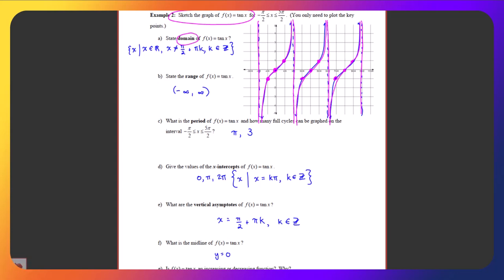So the domain is everywhere where I don't have a vertical asymptote. So we can say that it can't be pi over 2, let's say this one. And then do you notice that each one after that is pi away? So plus pi k, k again is an integer. The range, forever up and forever down.